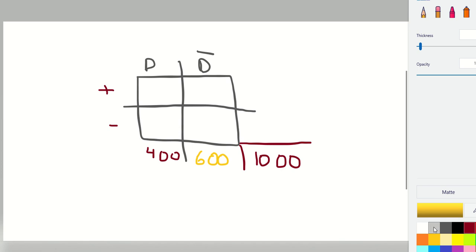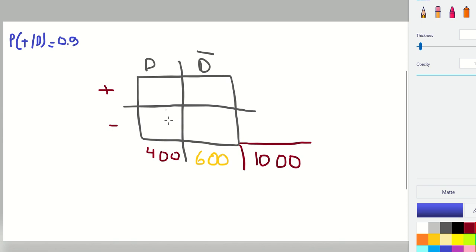So the sensitivity is nothing but the probability of testing positive given that they have the disease, and this is equal to 0.9. Given the disease, we're only going to look at those, that is, the 400.